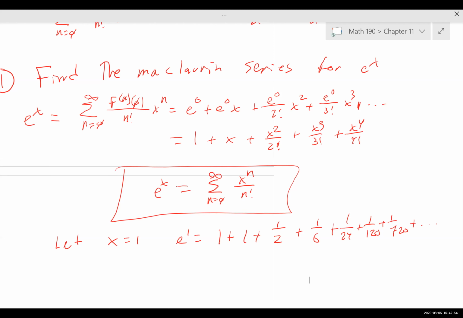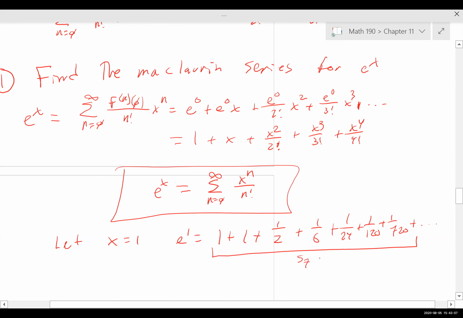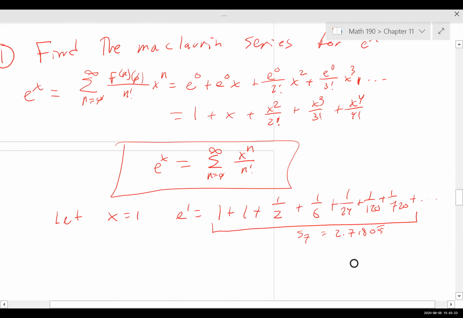I get this for the first, what is it, 1, 2, 3, 4, 5, 6, 7 terms, right? For the first 7 terms, or I can say that S sub 7 of this series, the partial sum, is 2.718, and it will go on forever.